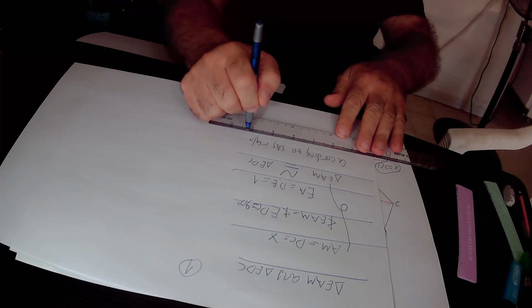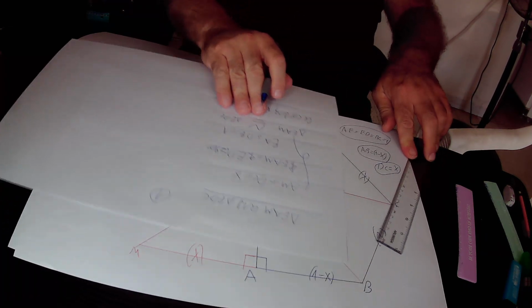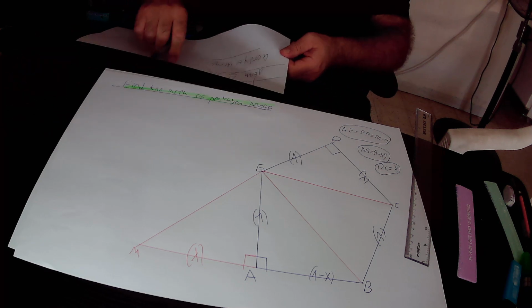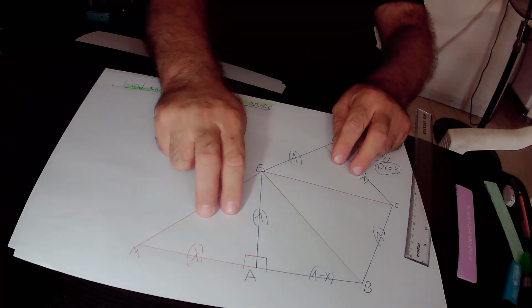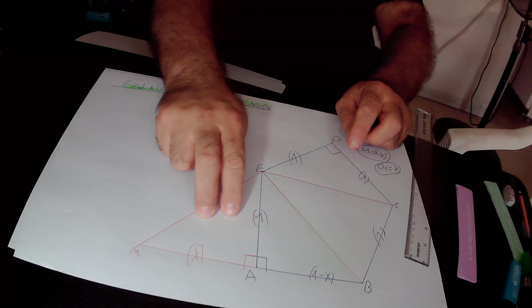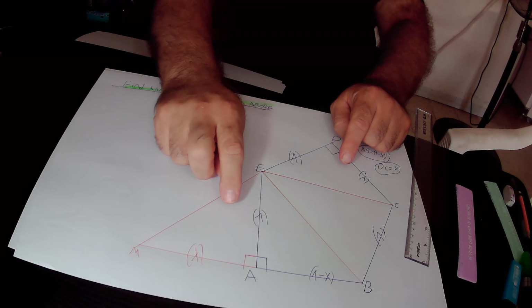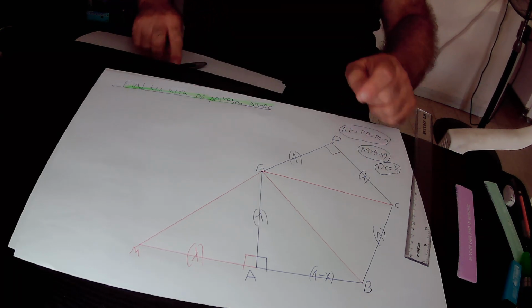And from the fact that those two right triangles can go into each other, we will derive two things. The first thing that we will derive is that they also have the same areas.